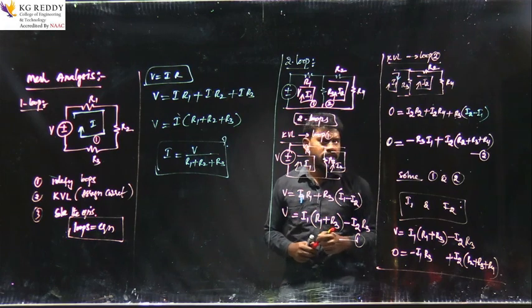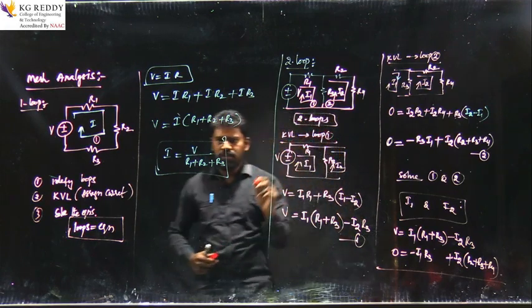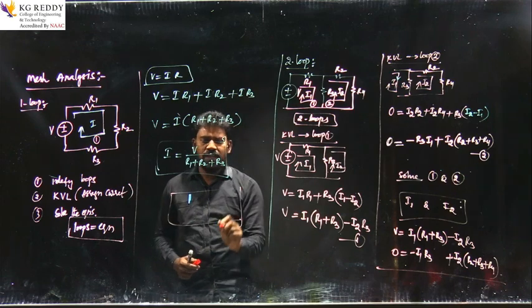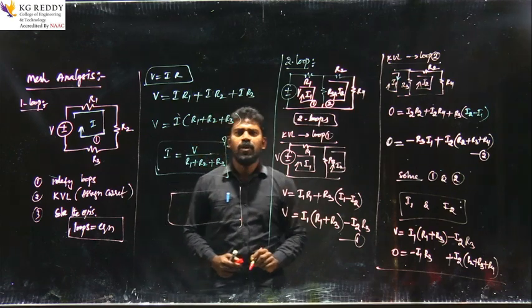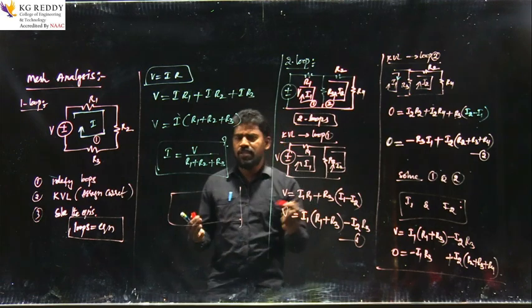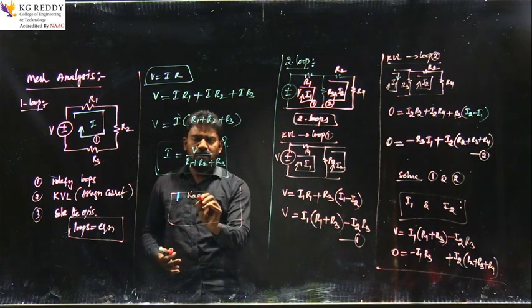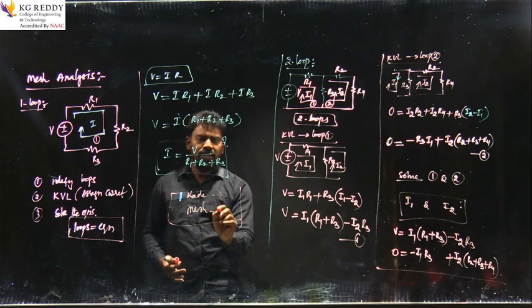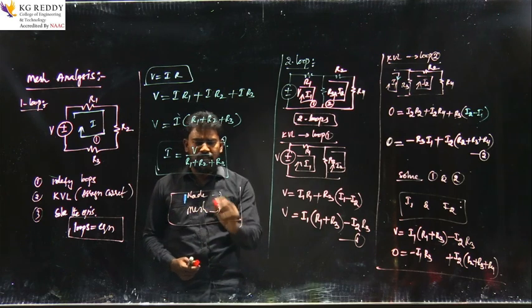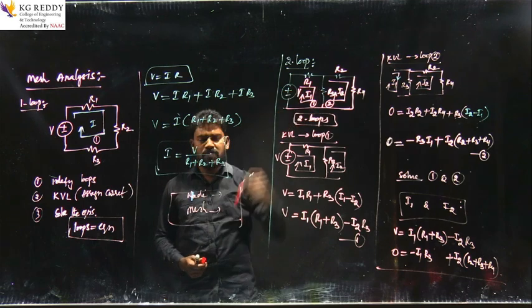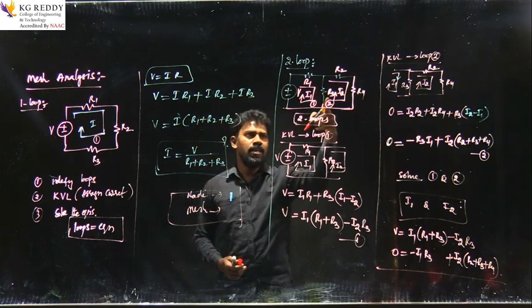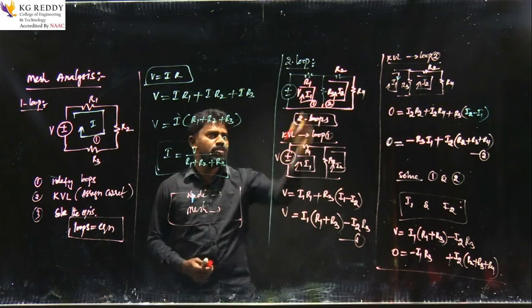So I will ask you one question. How many equations will you get while applying nodal or mesh analysis? How many equations will you get by applying nodal analysis to a two-loop network, and by applying mesh analysis to this network?